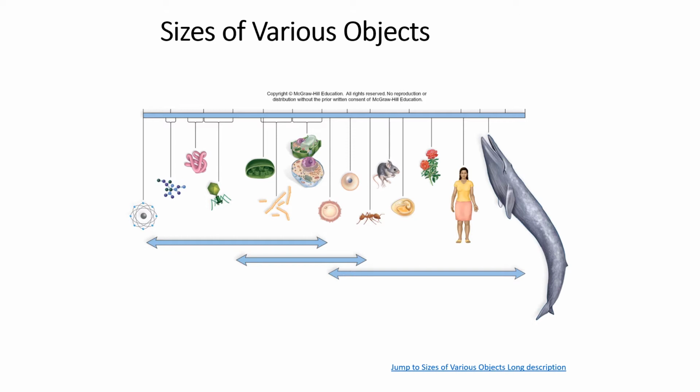We need microscopes to look at cells, which is one reason I found them so interesting as a kid. They were alive, but you couldn't really see them without help. You need to know sort of the range for seeing stuff, and so this range up here is for the visible eye.